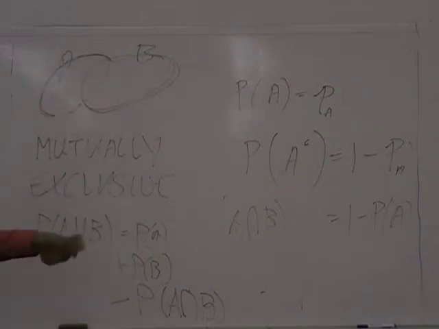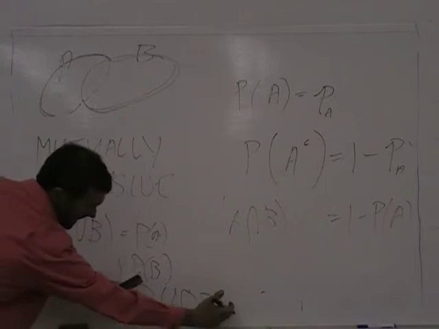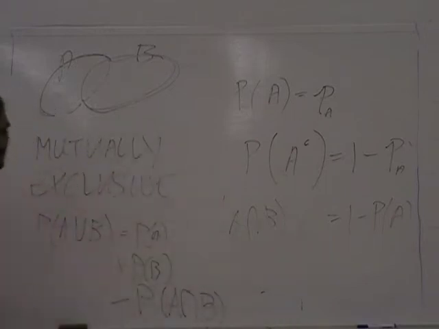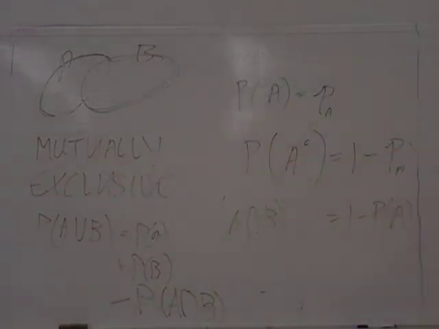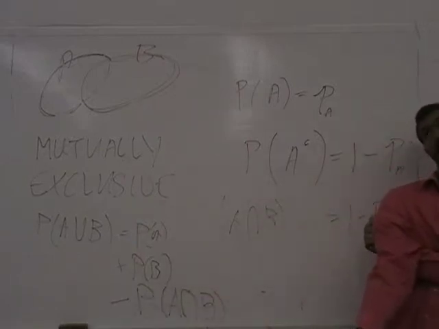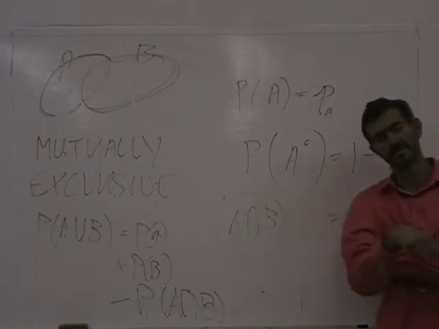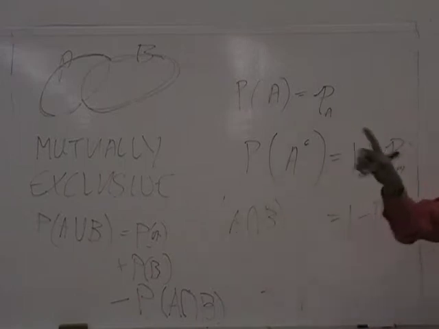And you define mutually exclusive if and only if that is 0. There are many equivalent ways of saying mutually exclusive, but there's no intersection. We'll do some examples with dice soon.